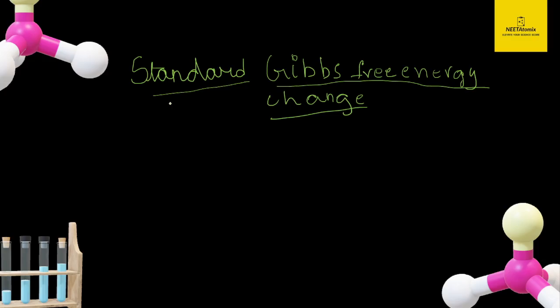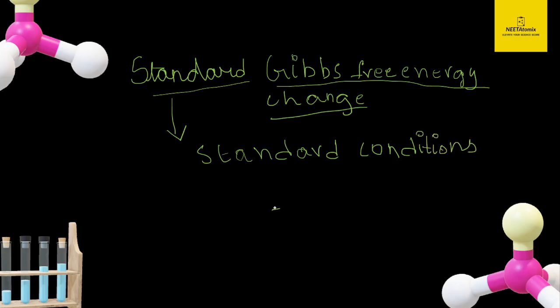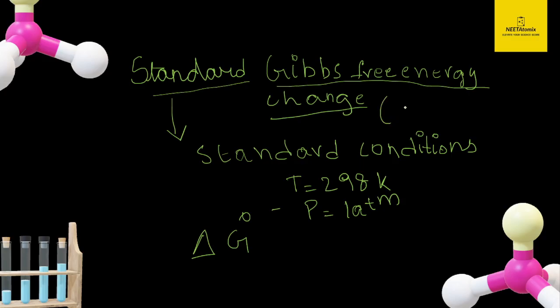This standard Gibbs free energy change is under the standard temperature and standard pressure. Under standard conditions, the temperature is 298 Kelvin. Pressure is equal to 1 atmosphere, right? Standard Gibbs free energy is represented by G naught.